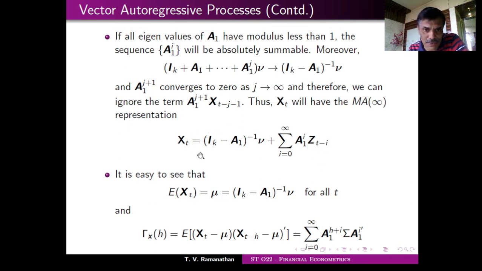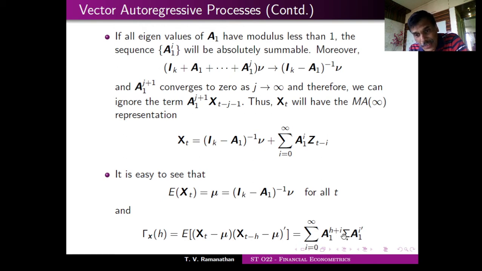So the expectation of this is going to be this quantity, which is constant for all t. And for the covariance function, gamma_x(h) is the expectation of (x_t minus mu)(x_{t-h} minus mu) prime, and that does not depend on t, it just depends on h. So you get a stationary covariance series.